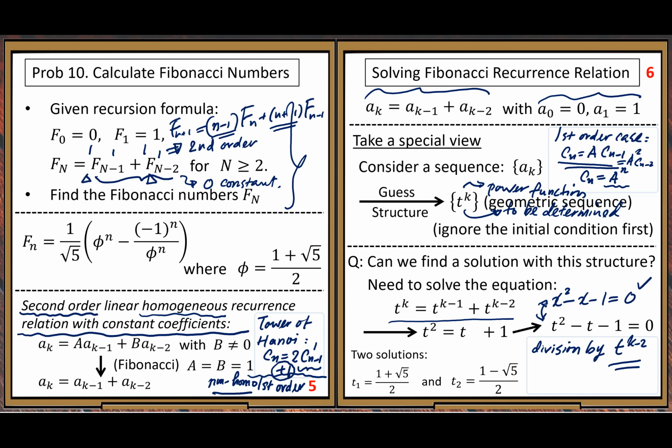So we find two different solutions for the current quadratic equation. Actually, we found the same two solutions when we tried to find the golden ratio.